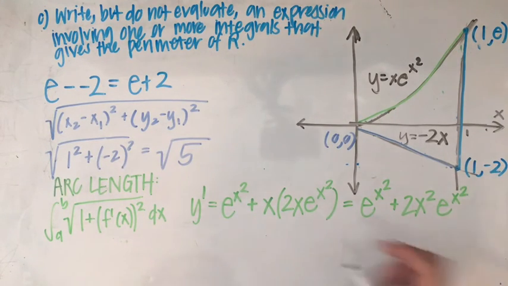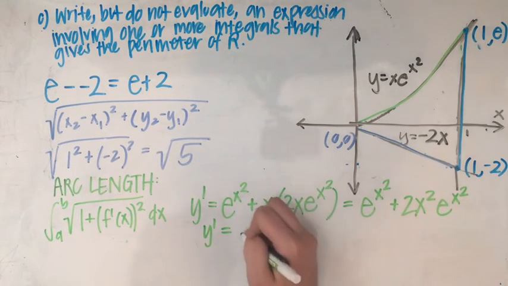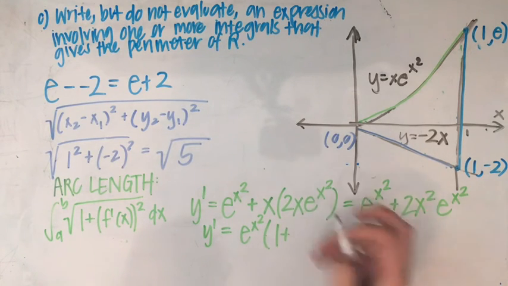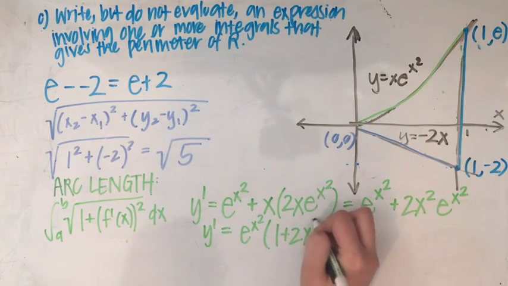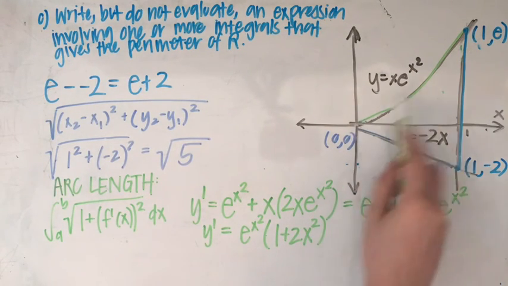And if we wanted to simplify this, we could say y prime equals e to the x squared times 1 plus 2x squared. And we know that our endpoints are going to be from 0 to 1.